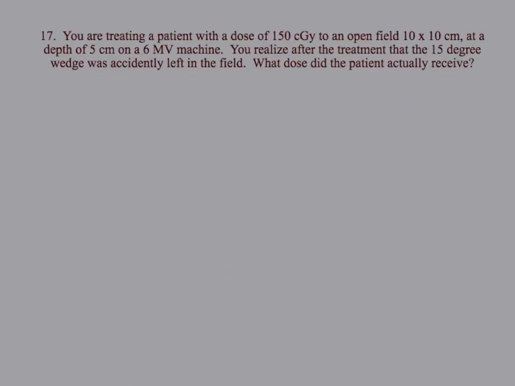17. You're treating a patient with a dose of 150 centigray to a field 10 by 10, depth of 5, 6 MV. You realize after the treatment that the 15-degree wedge was accidentally left in. So what dose did the patient actually receive? So for this equation, to get a dose, I have to apply the dose that they were given times my wedge factor.